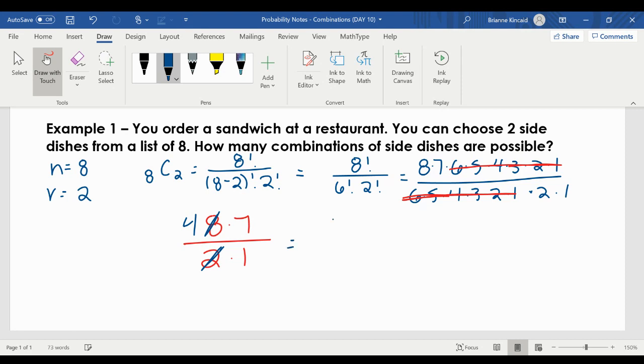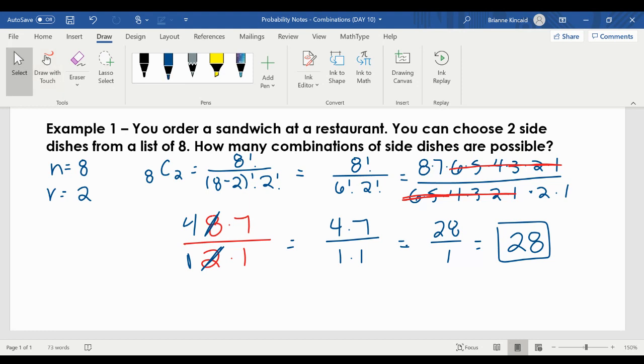So basically what you have is 4 times 7 over 1 times 1, because 2 divided by 2 is 1, which is going to give us 28 over 1, or in this case, just 28. So of those 8 side dishes, there are 28 different combinations you can create if you're choosing 2 of them.